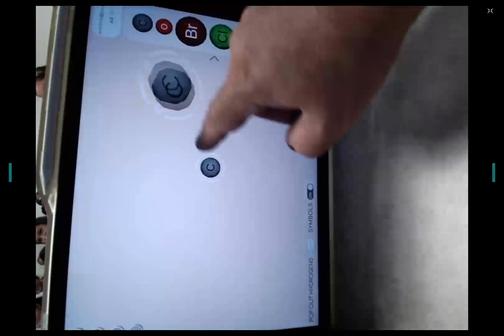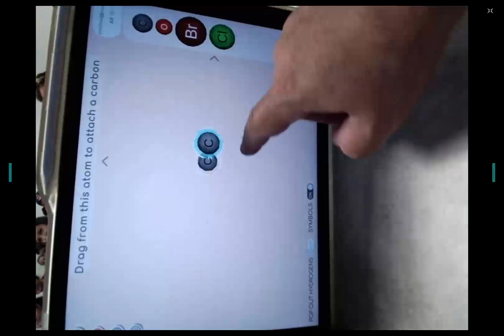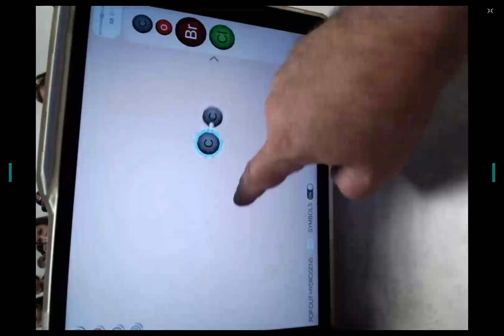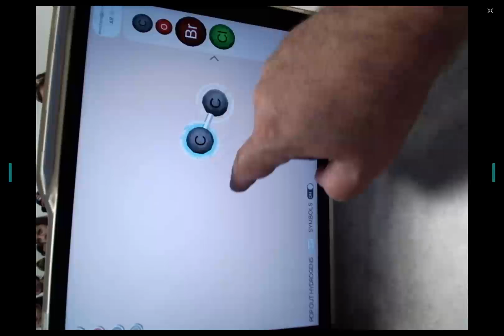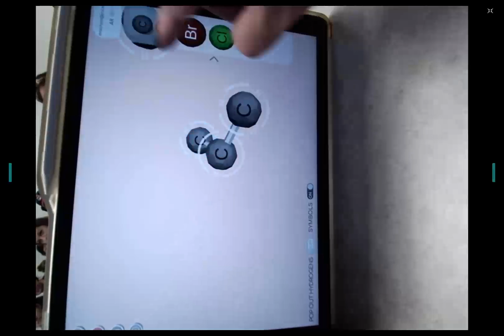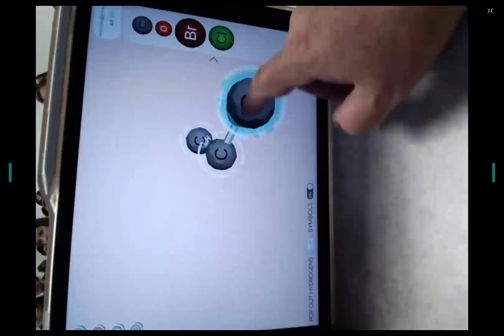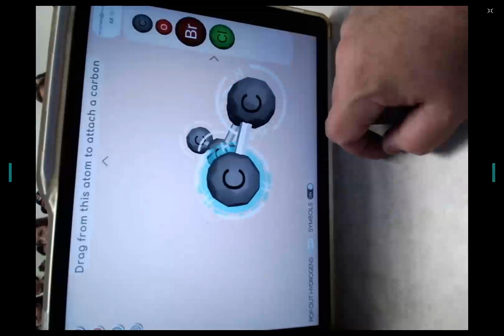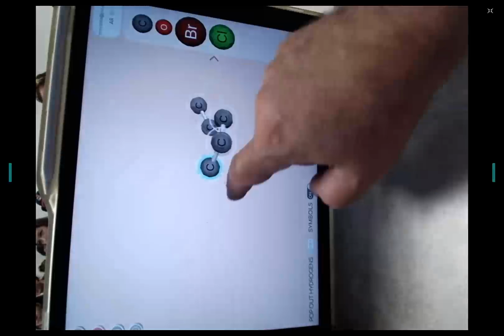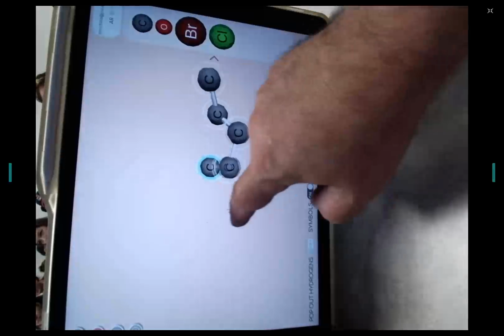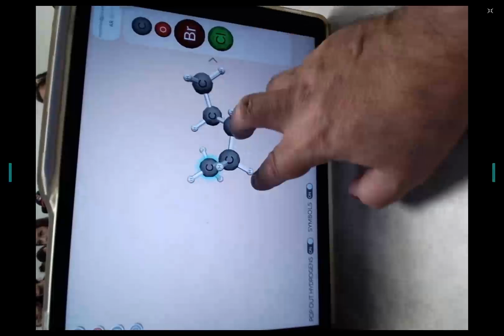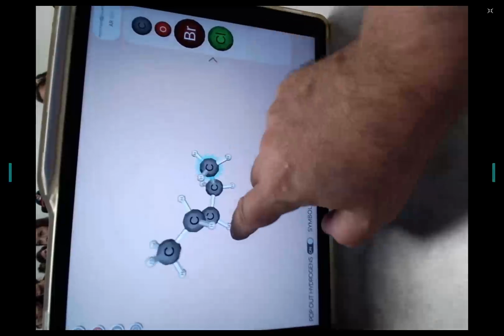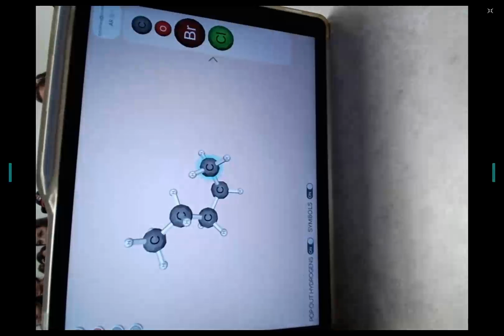I grab another carbon, I now have a carbon-carbon bond. I'll grab a carbon and put it here, and I'll rotate it around, and I'll put a carbon there. Okay, so here's a pentane molecule.